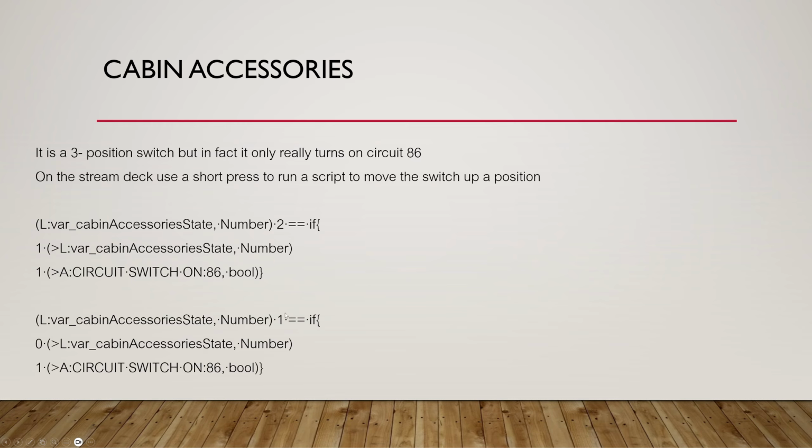If it's in position 1, the middle, move it to the top, and write the value into that variable here, so it changes that variable. We don't really need this because if we're going from the middle position to the up position, the circuit's already on, but I put it there just to make sure it happens.